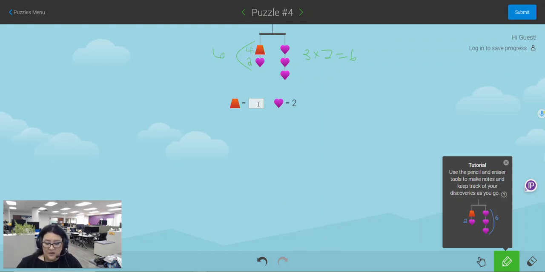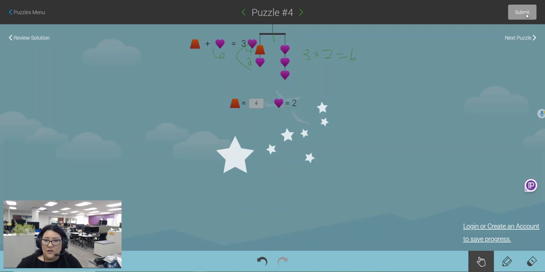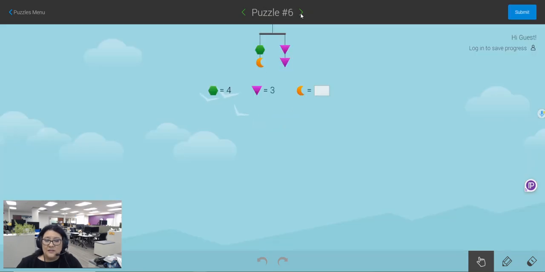So when I type that in here, 4, before I submit to check if it's right, you can also pull this down, and it gives it to you in equation form here. So let's submit and check. Ooh, I got it right. The puzzles, as I said, get progressively harder. So this is great for students who love a challenge.